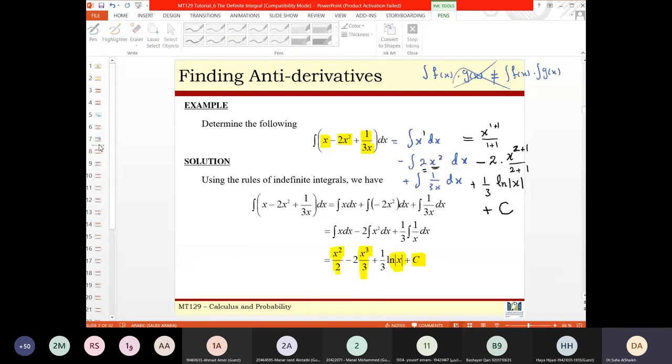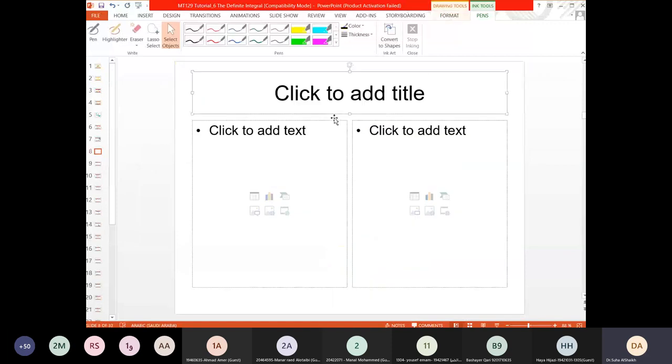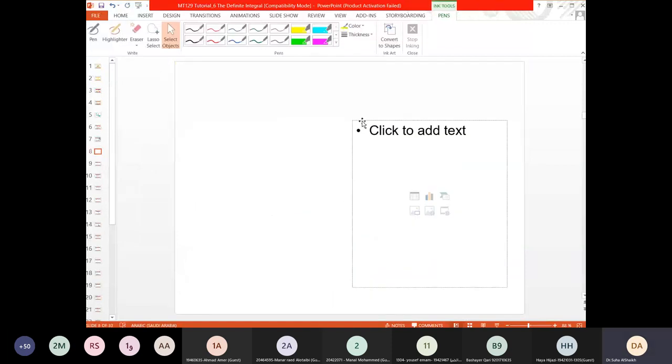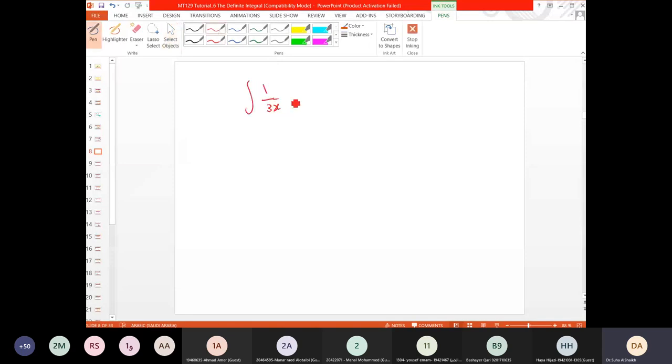Now the case you ask about: when I have that part, I have the integration of 1/(3x) dx, right? Your friend here is asking if I say it is 1/3 x to the power minus 1 dx, and I deal with it like usual: add one and divide by the same amount.